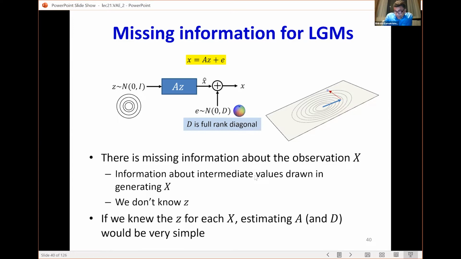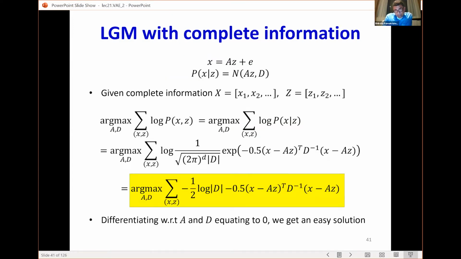If you knew the Z for each X, then the estimation is simple. Let's assume I know the Z for each X. Then I have P of the complete data, X comma Z. And so the probability of the complete data is P of X given Z times P of Z. And Z, of course, is a Gaussian distribution. So P of Z is Gaussian.